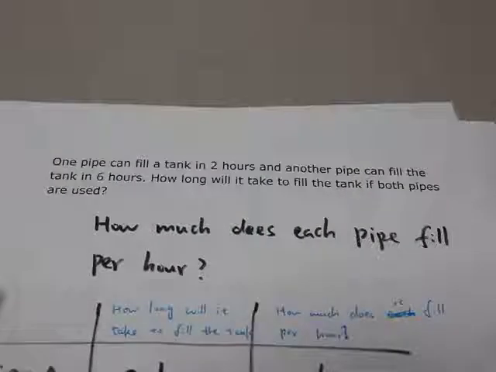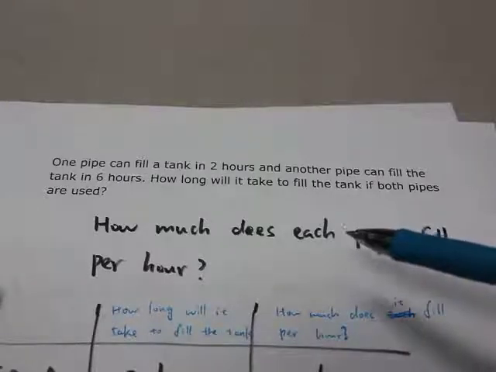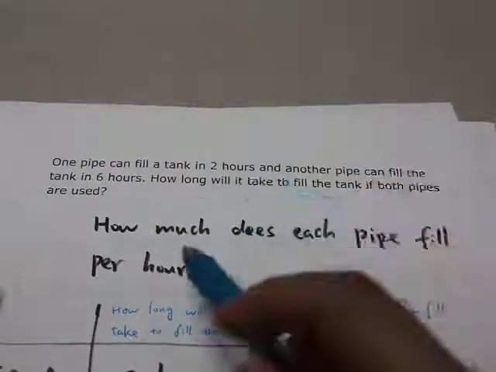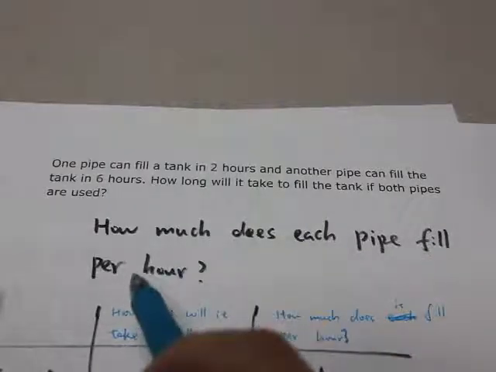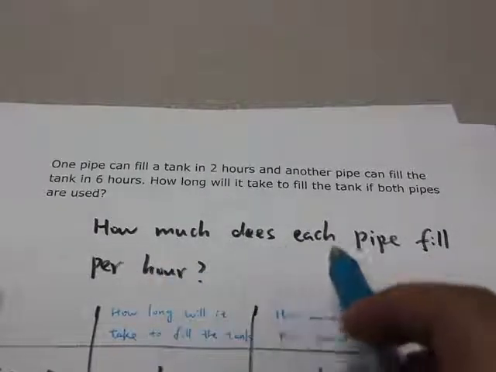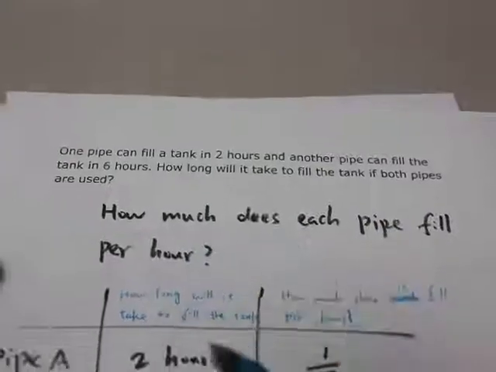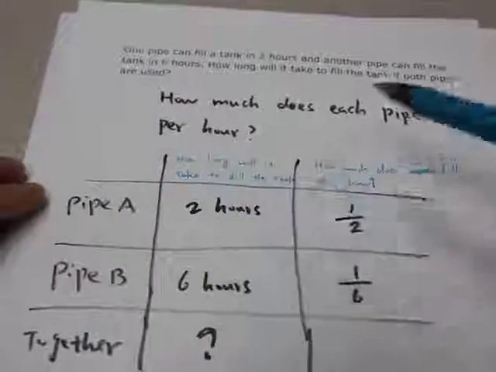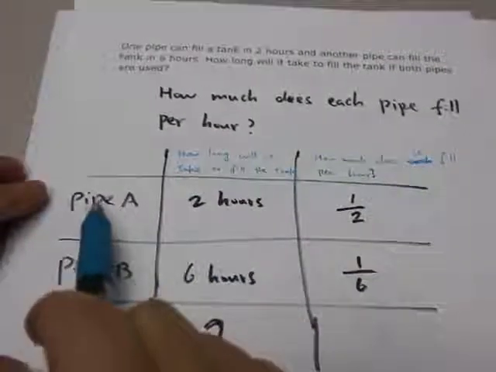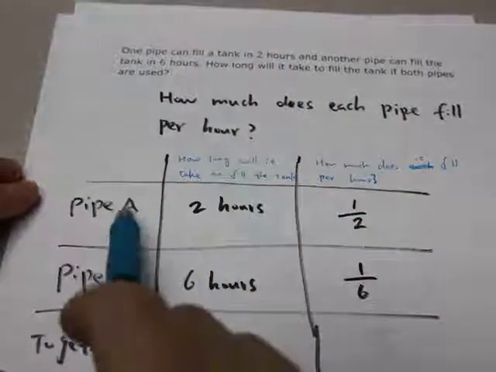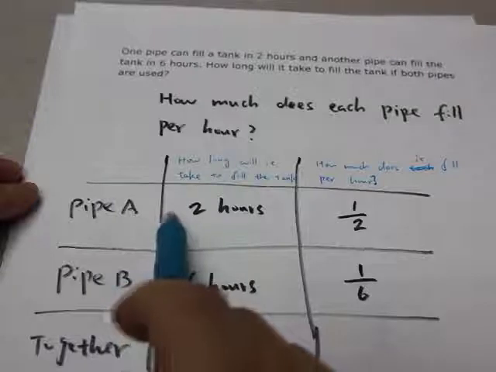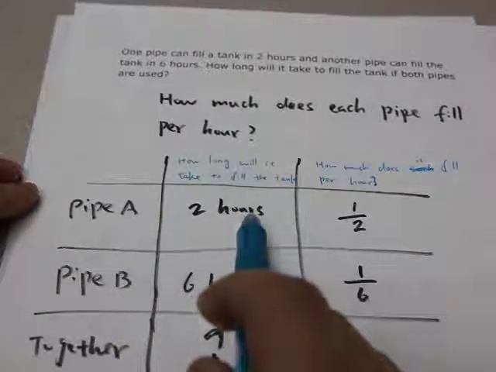Now, the key point to figure out how to solve this problem is to understand how much does each pipe fill per hour. How much does each pipe fill in 1 hour? So if you look at this table, let's call them pipe A and pipe B. Pipe A can fill the tank in 2 hours individually.